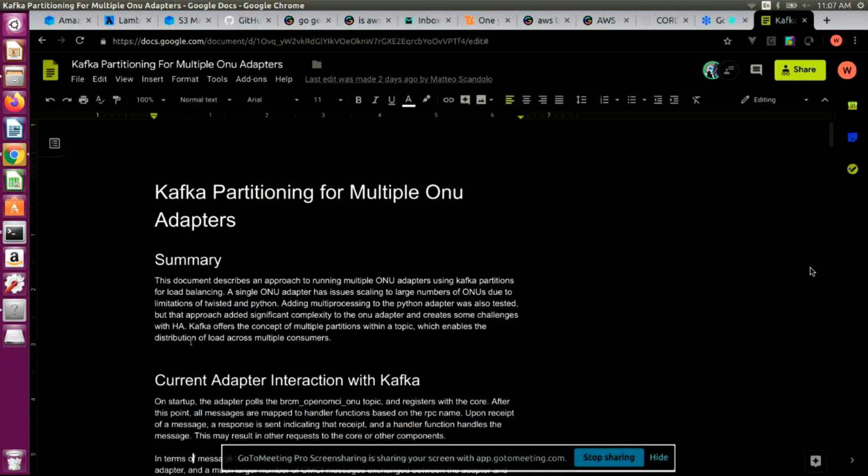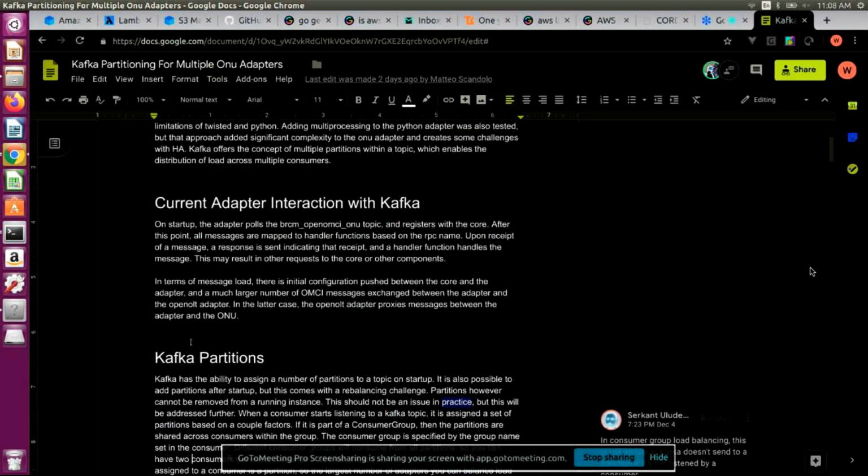Now, this works really well when you have a stateless container or stateless app. The ONU adapter is not stateless, so that creates a number of difficulties.